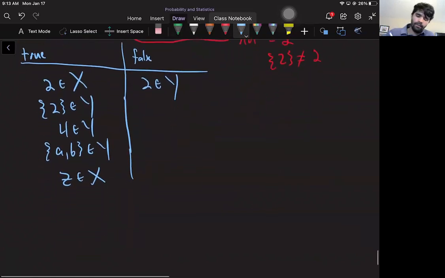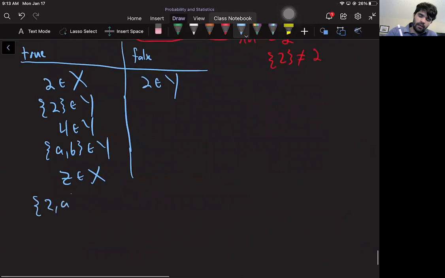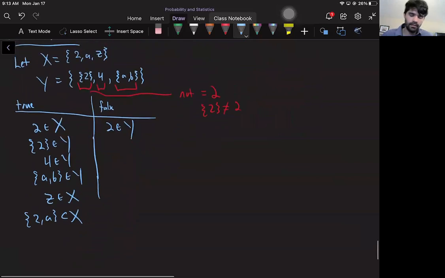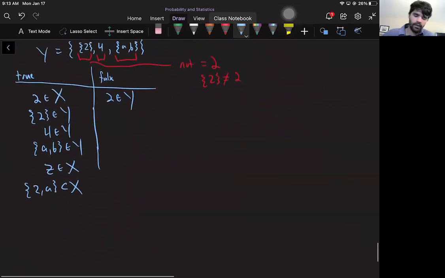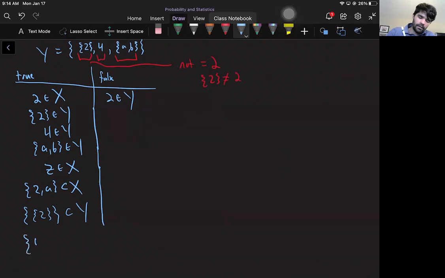So I could write the set consisting of 2 and A. That is a subset of X because those 2 things are in X. I could write the set consisting of 2 is a subset of Y because it's a set that has stuff from Y in it. So that one's a bit weird to write. And I could write the set consisting of 4 and the set A comma B. That's also a subset of Y. That's fine. Because 4 and the set AB are both elements of Y. So together they can form a subset.